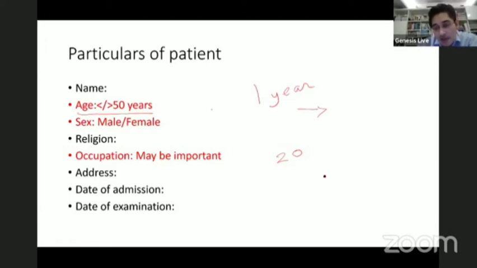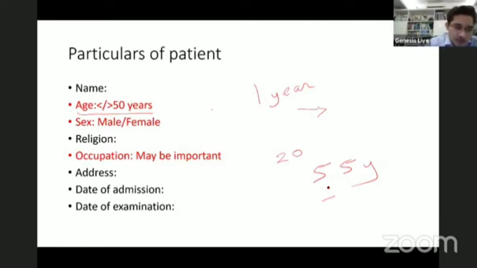And another patient who is probably 55 years old comes to you with a lump in the right iliac fossa. Now you would probably think this may be a malignancy, more specifically a carcinoma of cecum, right? So this is how age is an important factor in deciding what your diagnosis would be.